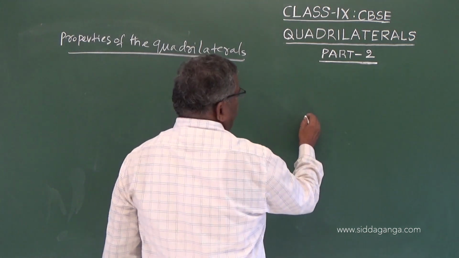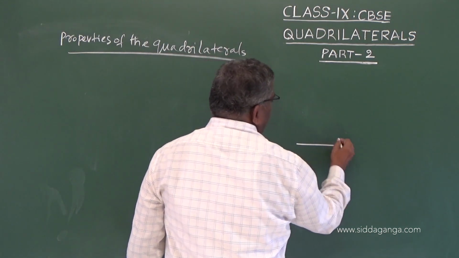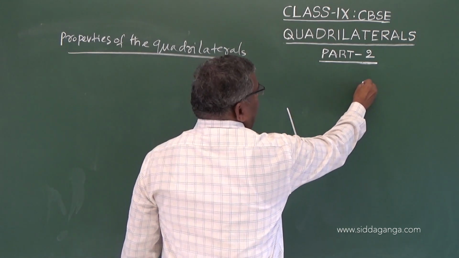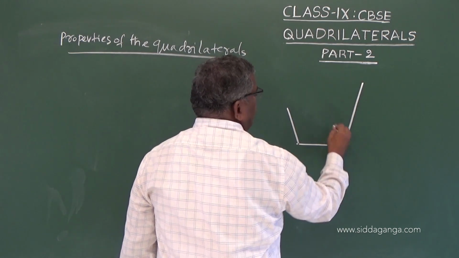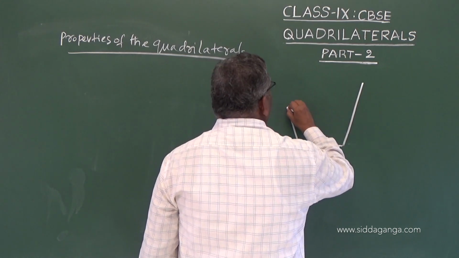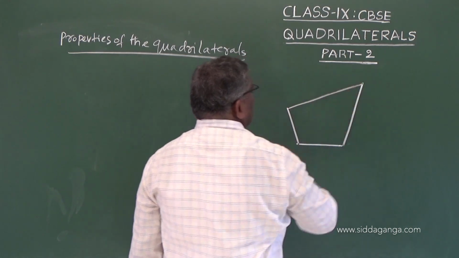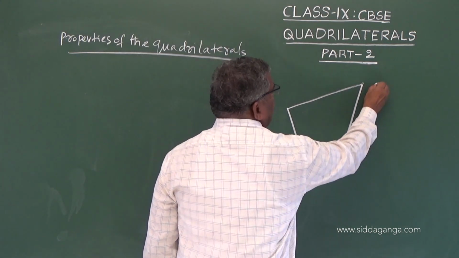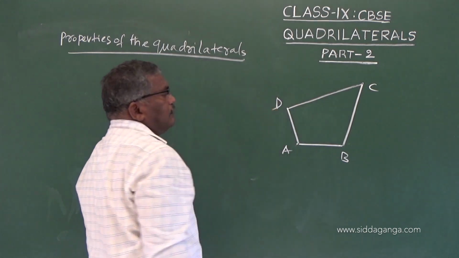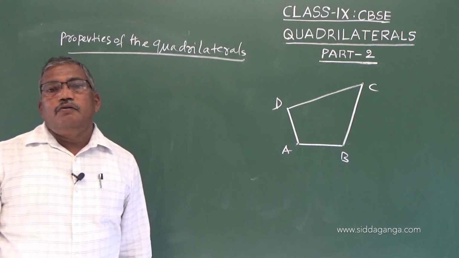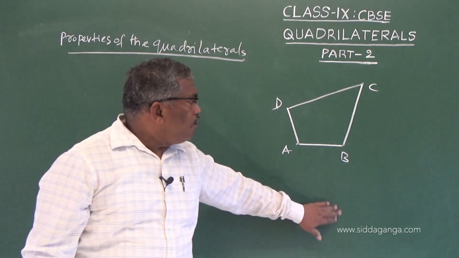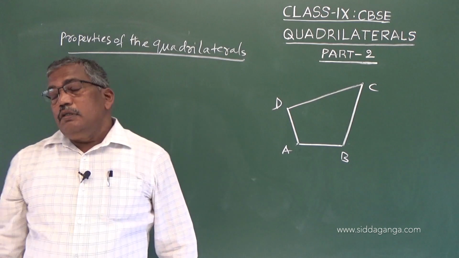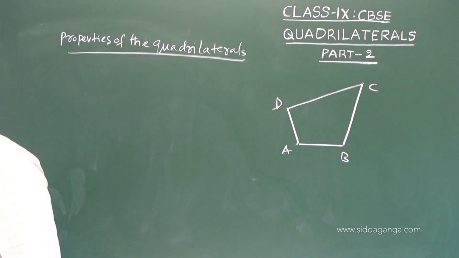So I will draw a general simple quadrilateral sketch. Say this is A, B, C, D. ABCD is a quadrilateral. It has four sides, four vertices and four angles.